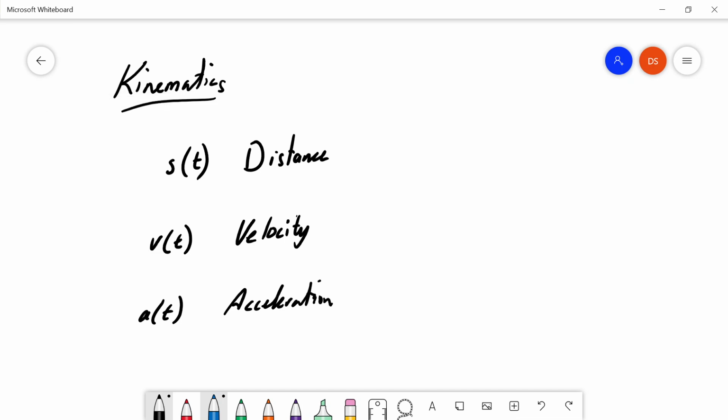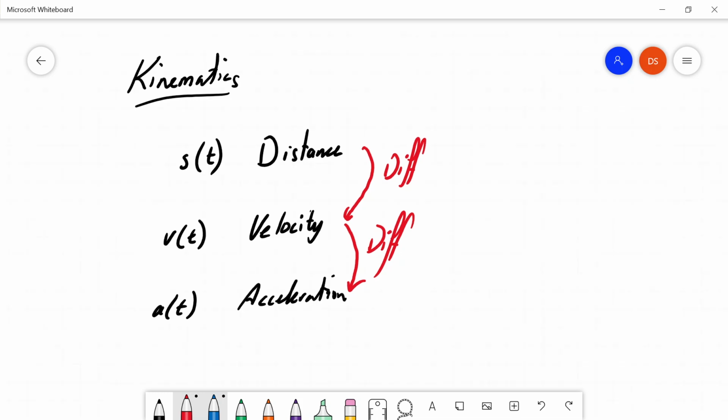Given a distance function, we can differentiate down from distance to get velocity and then further differentiate to get acceleration.